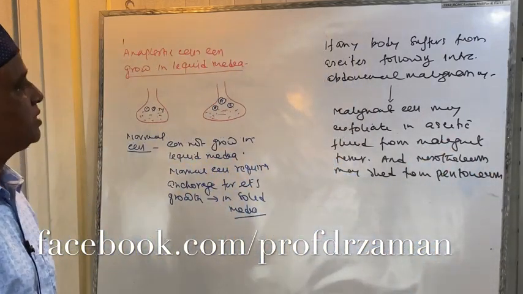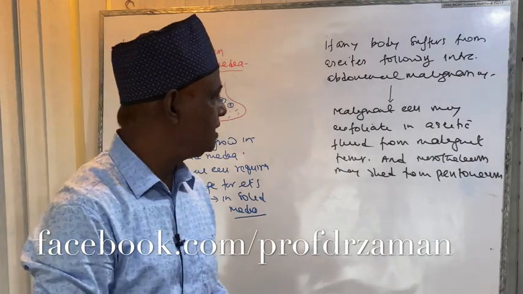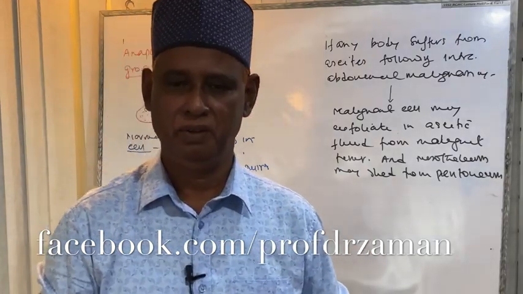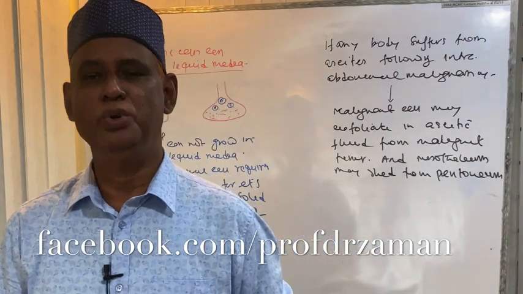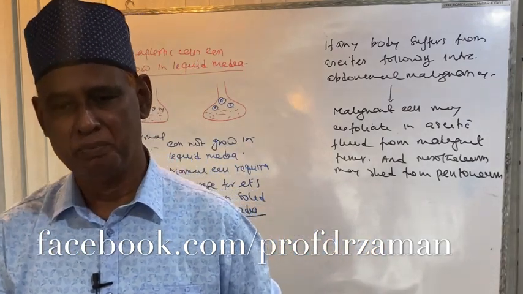So in this case, if we analyze the ascitic fluid, we will get anaplastic cells, and at the same time we will get mesothelium.